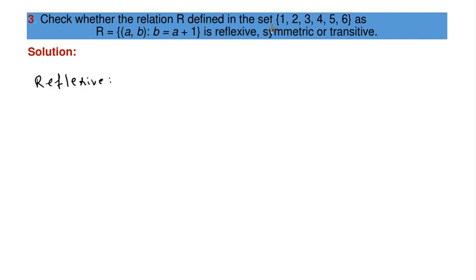If we take R as given, take any one of 1, 2, 3, 4. Let A equal to 3, and this implies 3 comma 3 does not belong to R. Because the image should be 3 plus 1, which is not equal to 3, and therefore what is the conclusion?